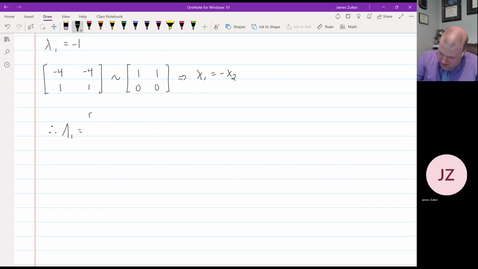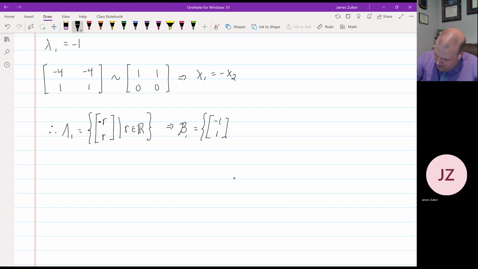And so the eigenspace associated with this eigenvalue is the set of vectors -r, r, such that r is any real number. And that means a basis would be the set of the vector -1, 1.